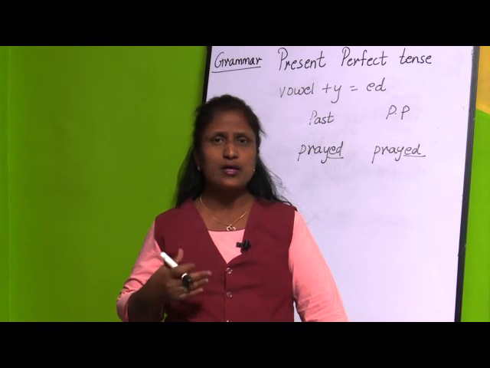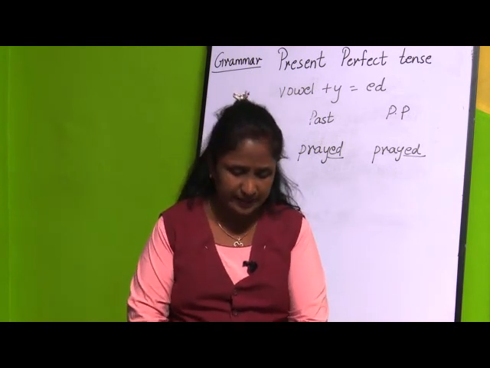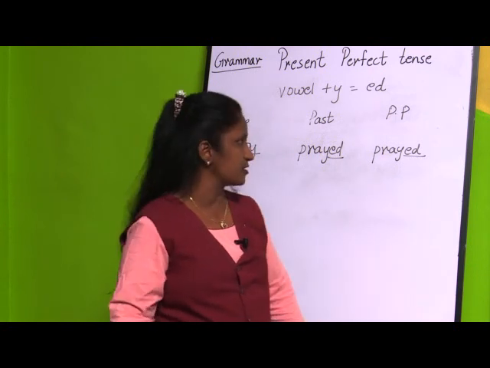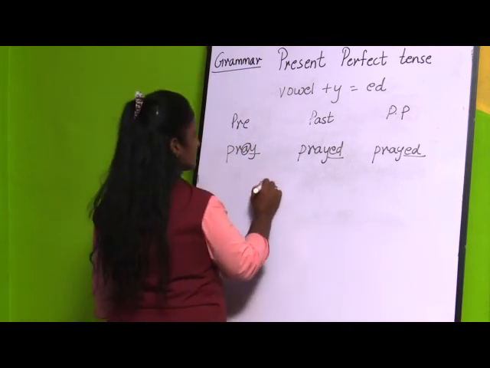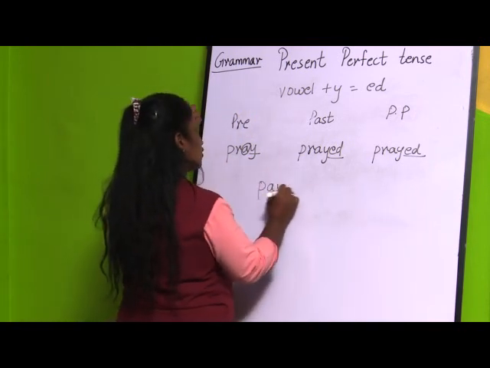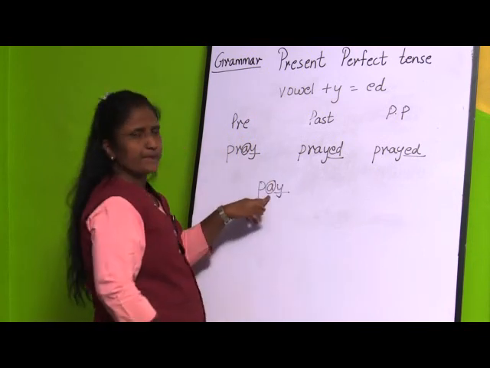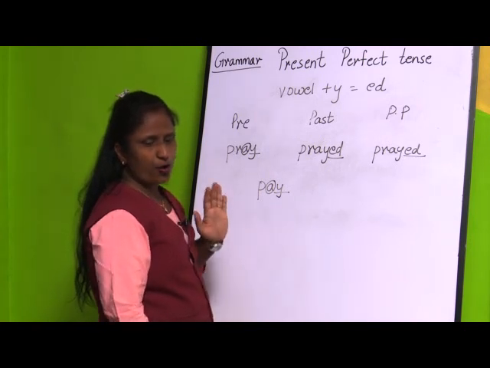For example, I took pray, prayed, play, played. Then one more example we can take. See, some words are exceptional. Now you may say, children, for example lay. Some words are exceptional. Now for example pay. Here also the word is ending with y, and before that we could find a vowel. Some exceptional words like pay, lay, or say.